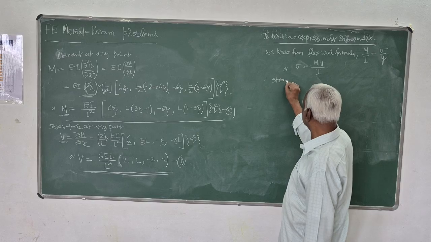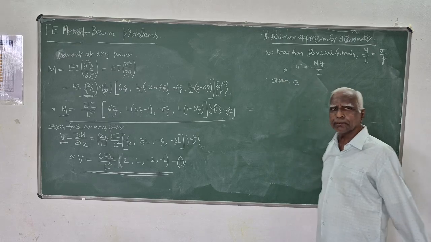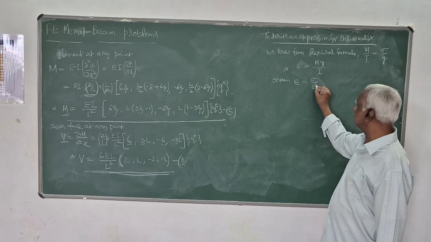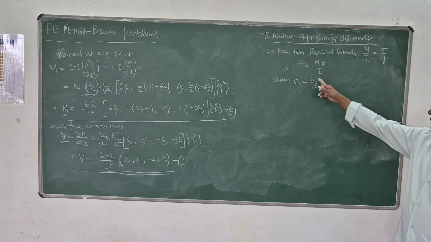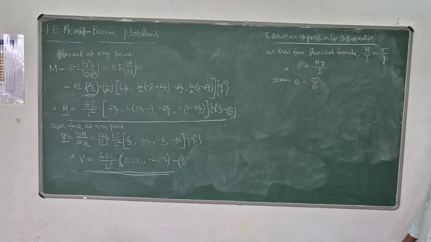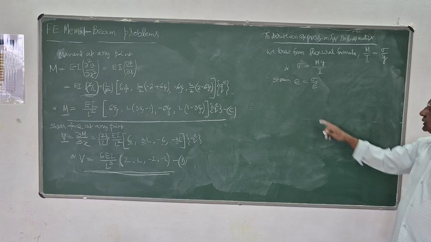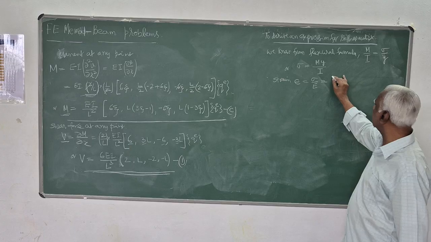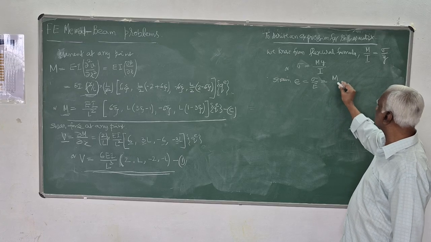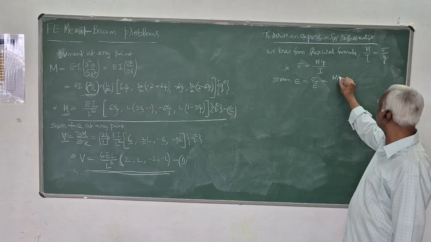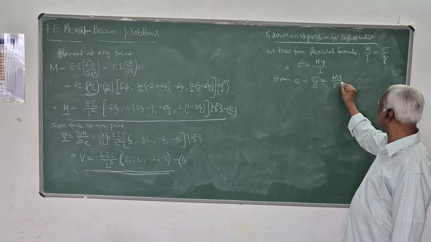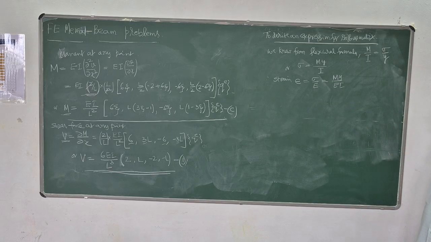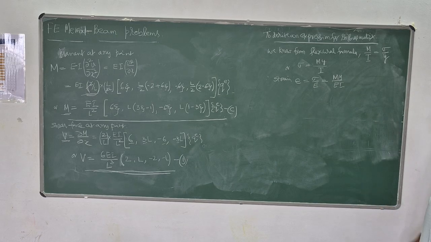Therefore, strain at any point in the beam element is given by sigma by E, within the elastic limit. Sigma by epsilon is nothing but E, the modulus of elasticity, or epsilon is sigma by E. So that is nothing but, sigma is My by I, so My by IE is epsilon, that is strain.